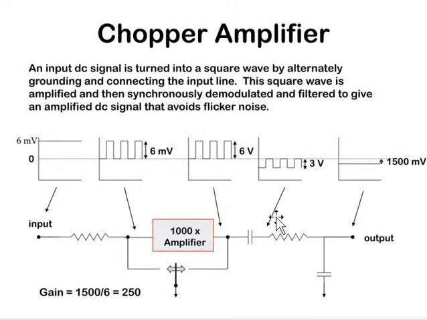So we can do different performance, and we can go for modulation and demodulation also. Next we are going to discuss the types. Actually there are two different types of chopper.